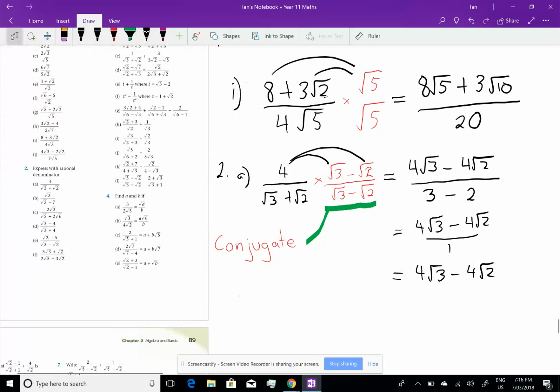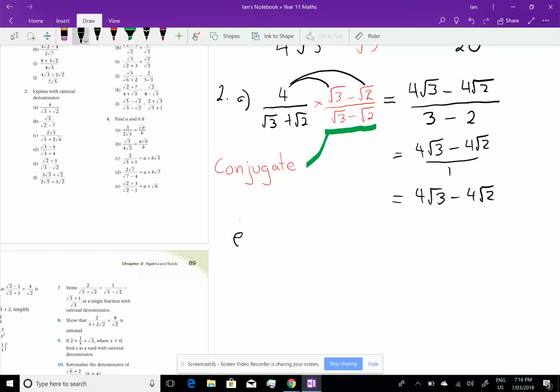Let's do E. So E is root 2 plus 5 on root 3 minus root 2. Well, immediately, the first step, let's multiply by the conjugate.